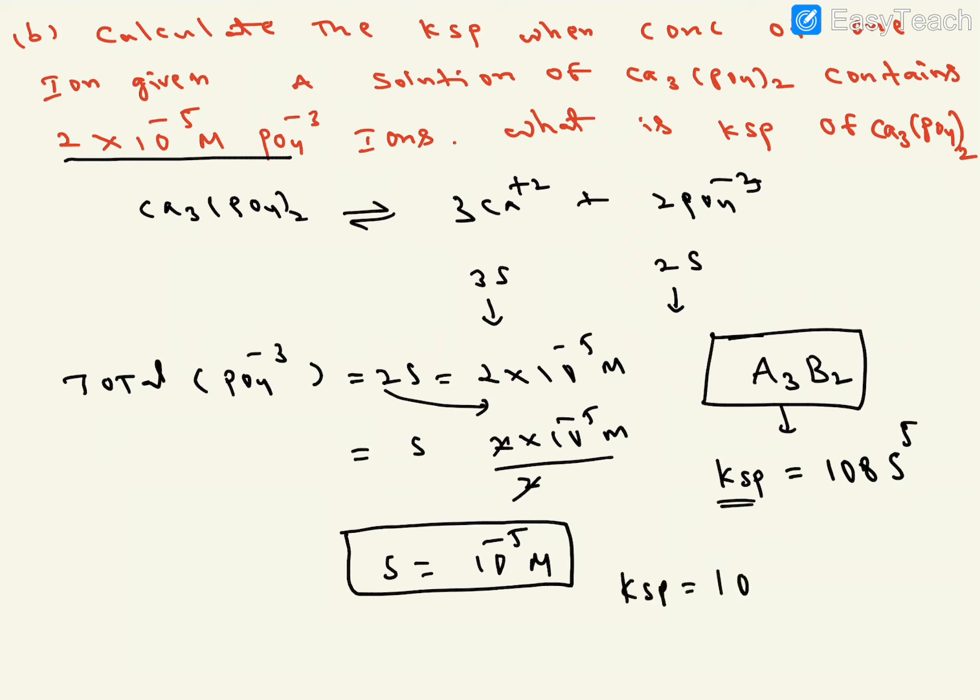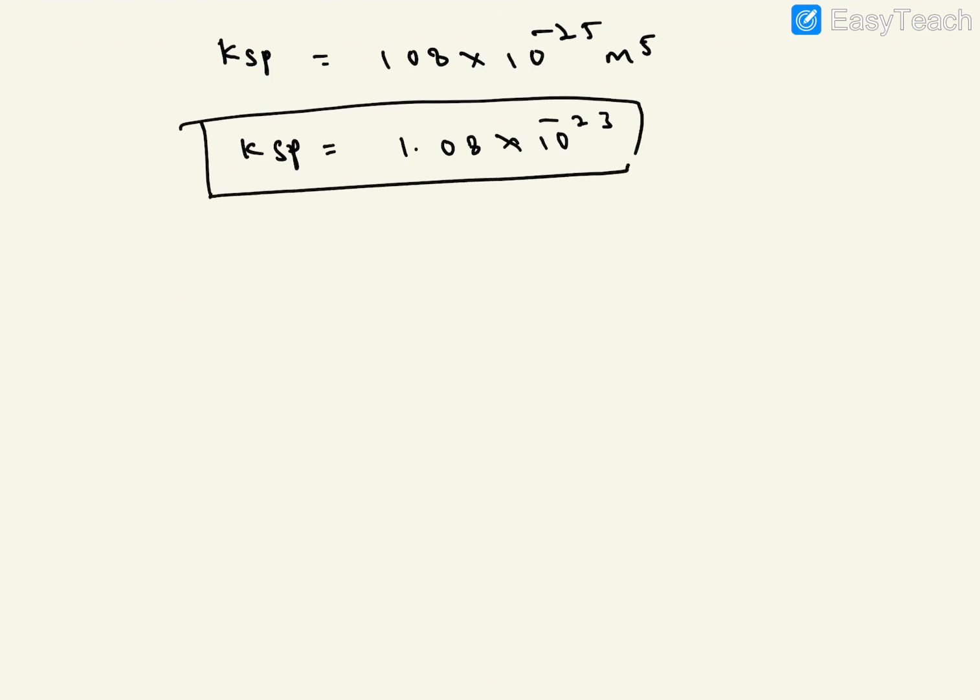So KSP is equal to 108 into (10 to the power of minus 5) to the power 5. This is 5 into 5, 25. So KSP is equal to 108 into 10 to the power of minus 25 molarity to the power 5, and KSP is equal to 1.08 into 10 to the power of minus 23.